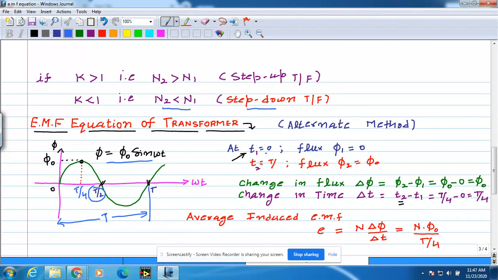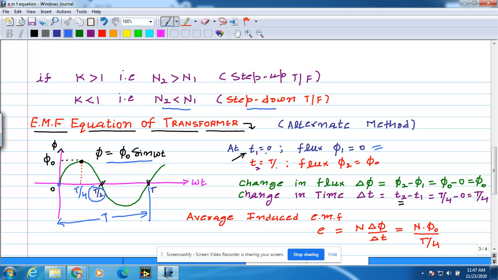Then what is the value of flux? At t equal to 0, what is the value of flux? Taking the flux as phi 1, it should be equal to 0.